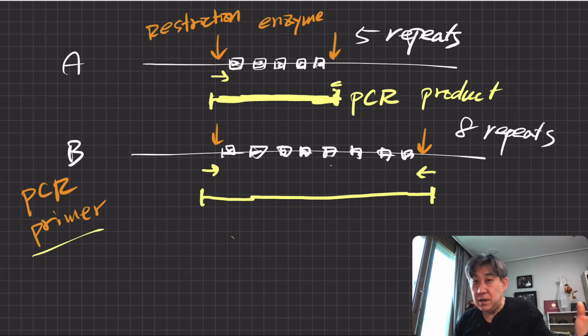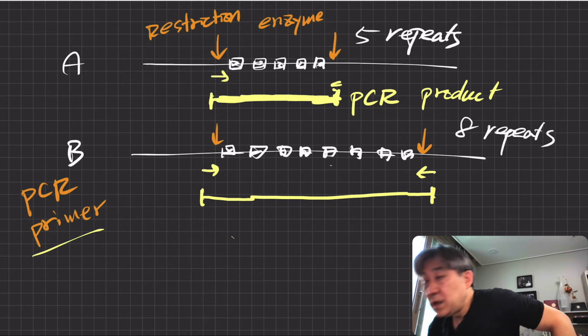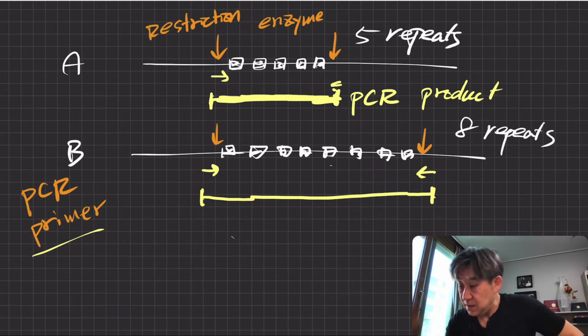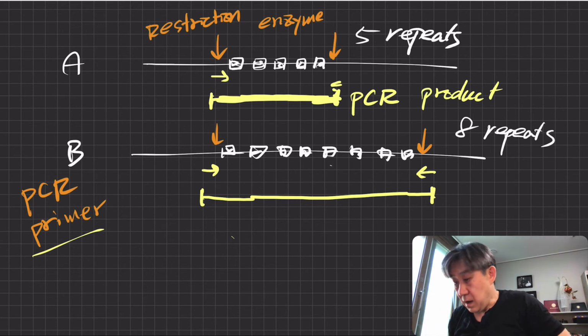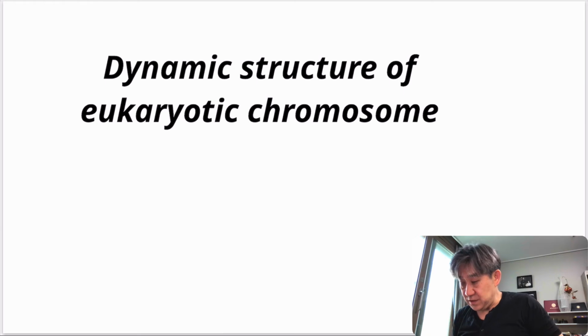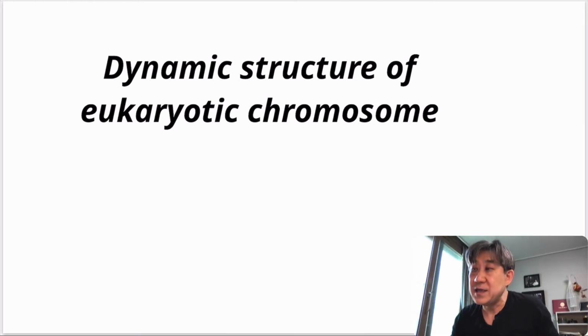So these days, much more quickly, using this PCR instead of restriction enzyme, the DNA fingerprinting can be done easily. That's the point. With that, we finished the description of the technical aspect.